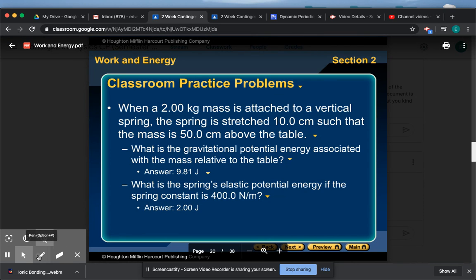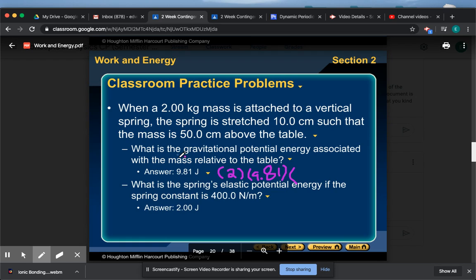So right now, mgh, our m is 2. Our g is 9.81. Now, the last thing we need is the height. The height, it tells us, is 50 centimeters above the table.